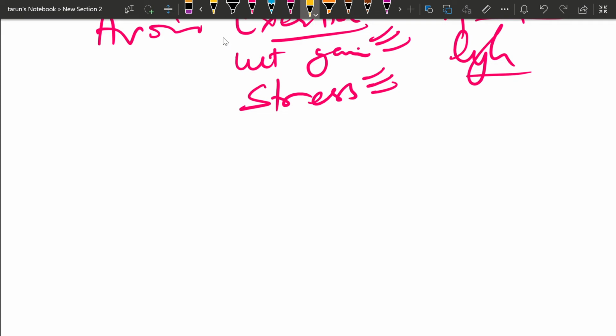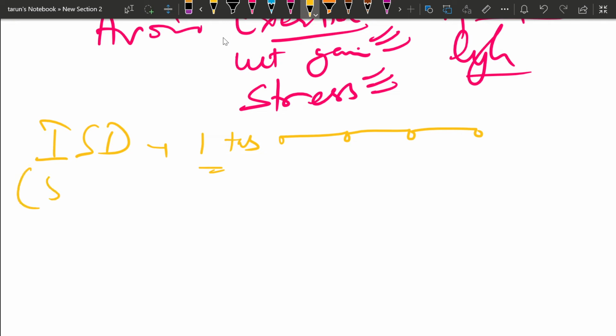Then you continue isosorbide dinitrate, one tablet four times daily. Isosorbide dinitrate comes in the form of 5 mg per tablet.